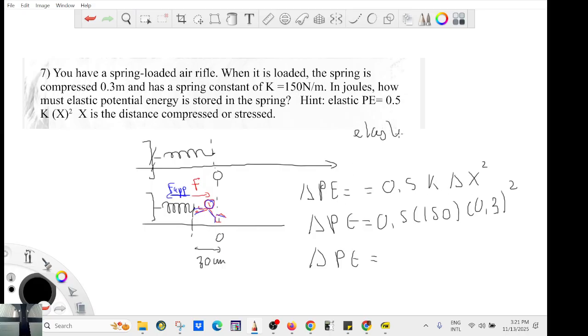Okay, it's called elastic potential energy. Did you get it? Which is what? Joules.